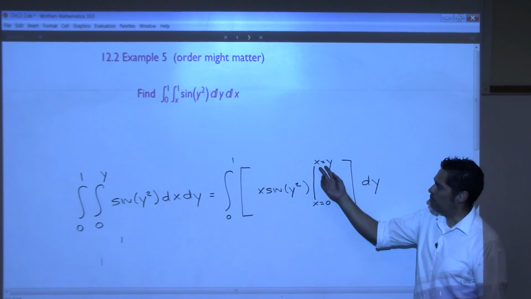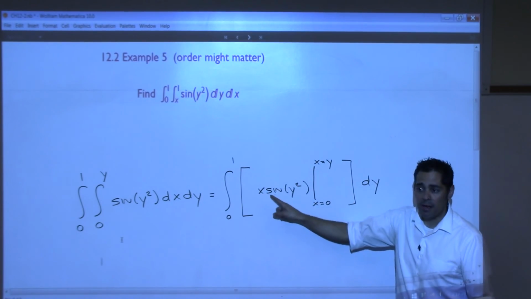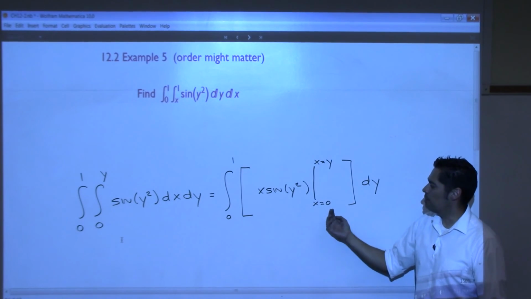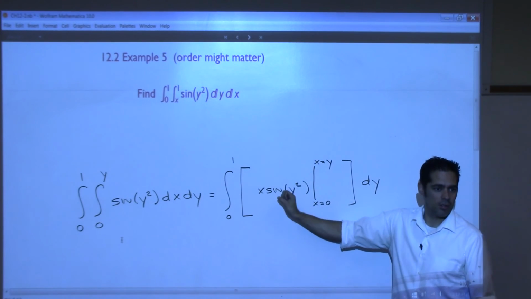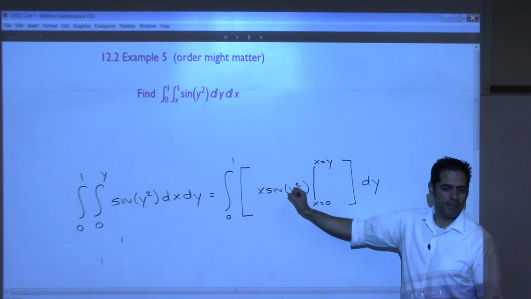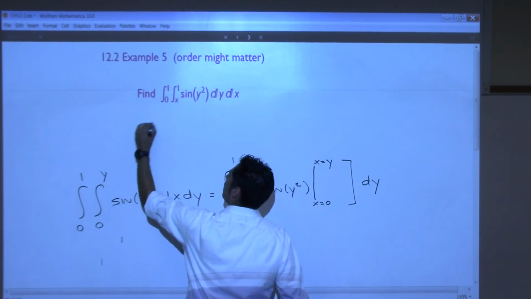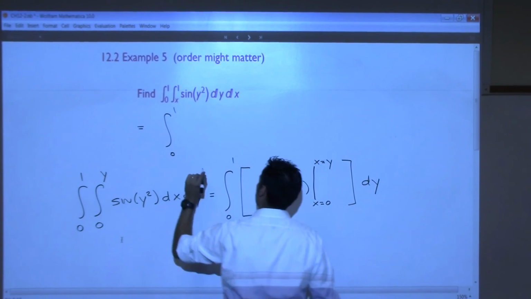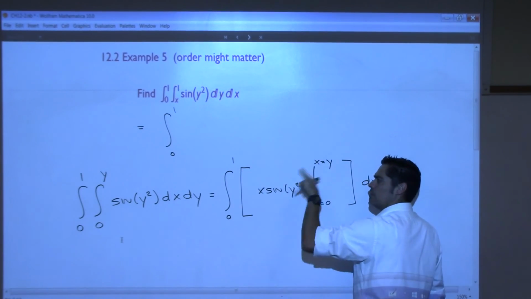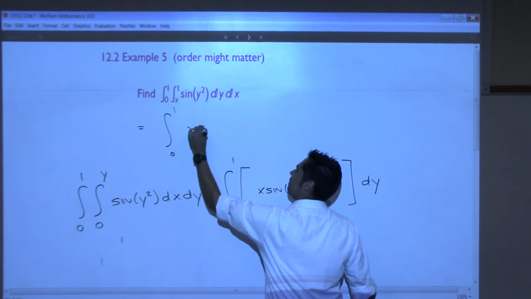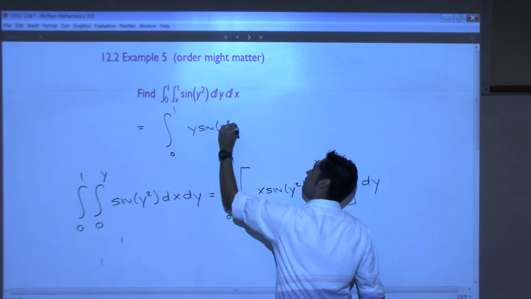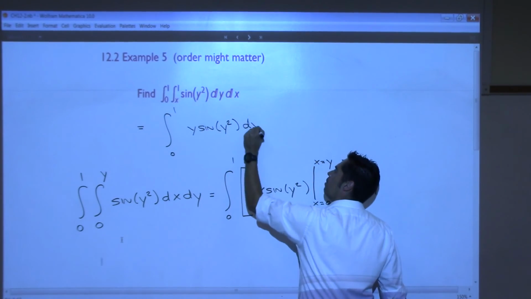Now I'm going to replace x with y, so this is going to become y sine y squared. Replace x with 0, and we just get 0. So this will become the integral from 0 to 1 of y sine y squared dy.